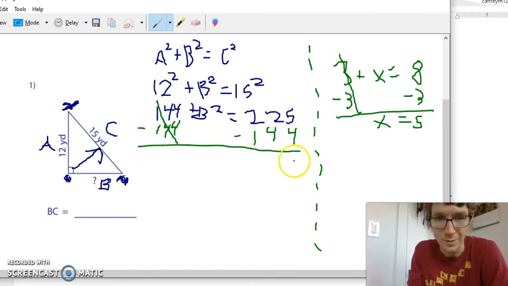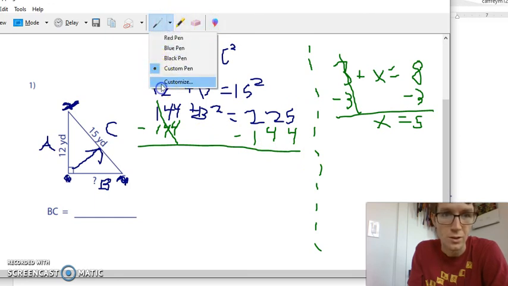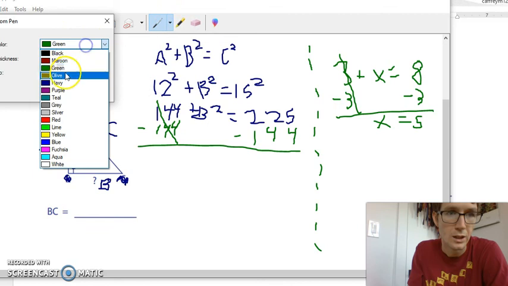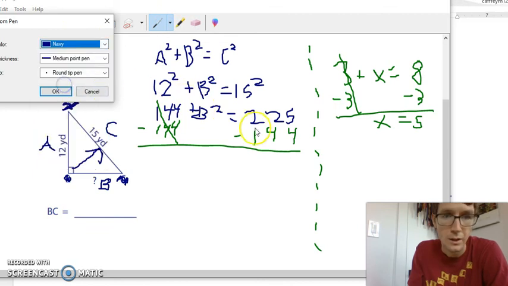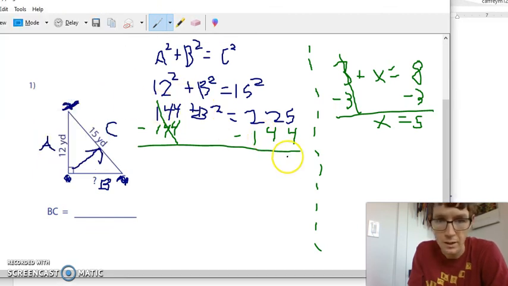Okay, so this one, 5 minus 4 is 1. Let me switch colors, actually. This is a 1. Gotta borrow 1, 12 minus 4 is 8. And that's 0.